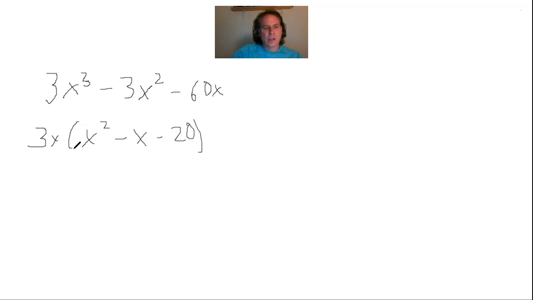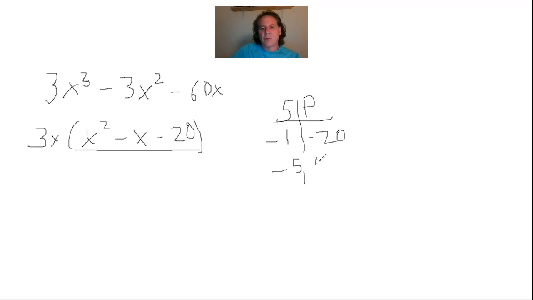So now I look to just factor what's in the brackets, and I create my SP chart. And my sum is -1, my product is -20. And I say, what two numbers add to -1 but multiply to give me -20? And I can come up with -5 and +4.